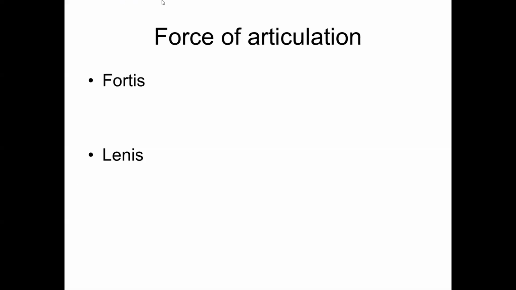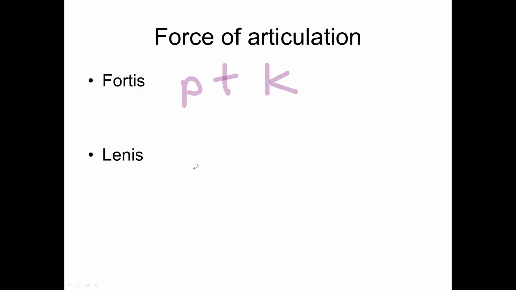If we were to consider which sounds go in what group, it's fairly simple. Our strong sounds are p, t, and k, and our weak sounds are b, d, and g.